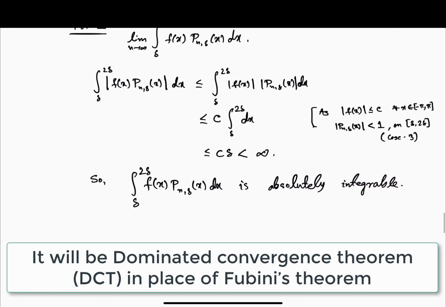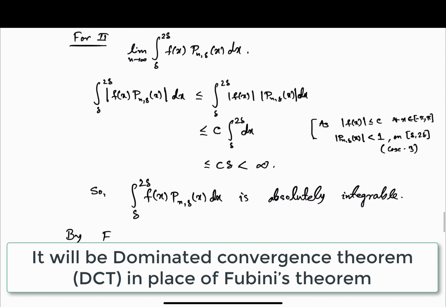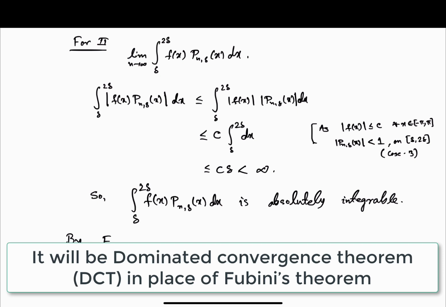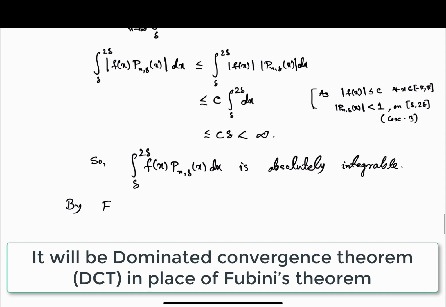Therefore we can use Fubini's theorem. Fubini's theorem says that you can interchange the limit and integral if the integrand is absolutely integrable.